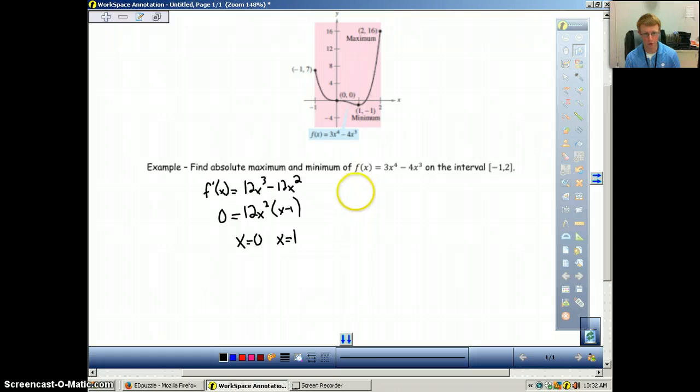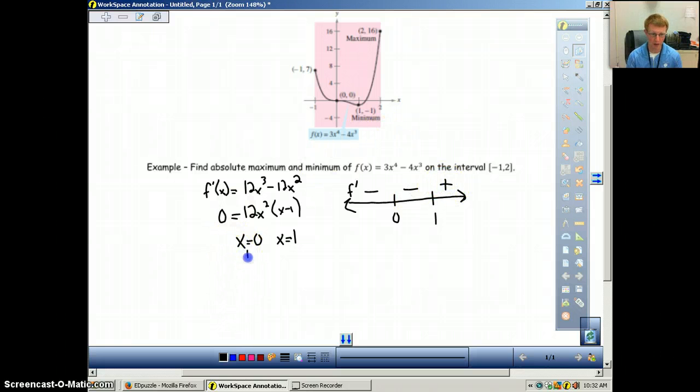So then, of course, we're going to set up our number line. Do this first, always. We set up our number line with 0 and 1, and we plug values from each of these intervals in. I'm going to plug in -1, and I'm going to get negative. I'm not going to plug it in, I know you can do that on your own, but you're going to get negative here, negative here, and positive here.